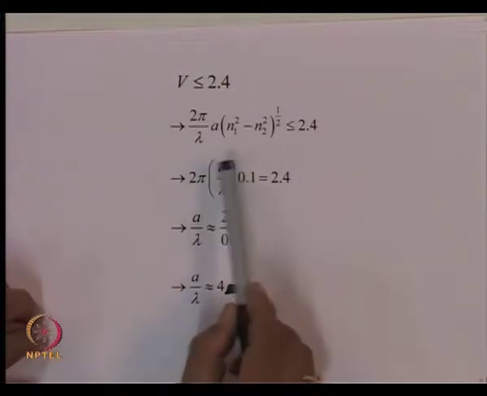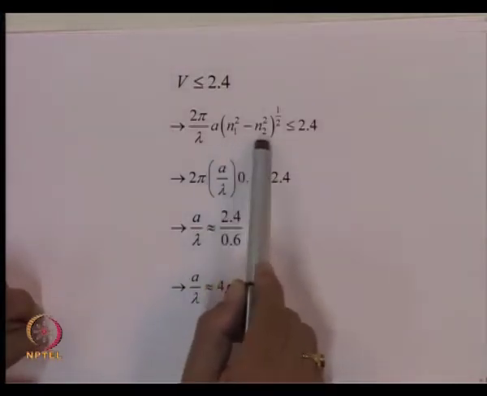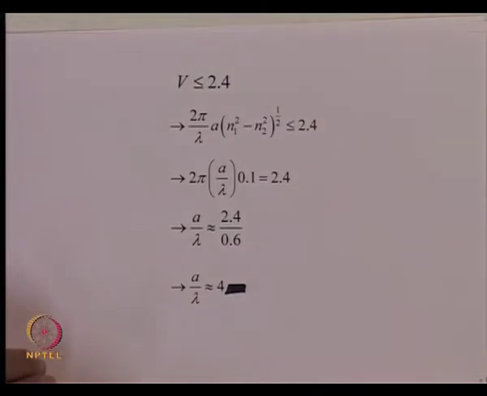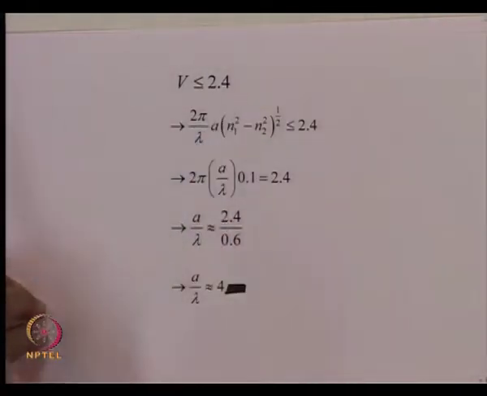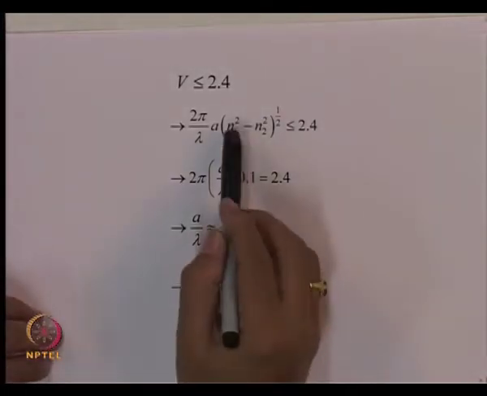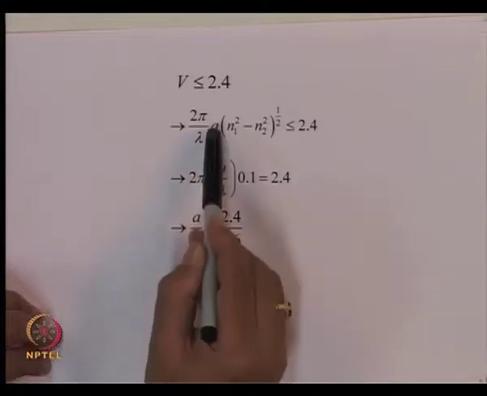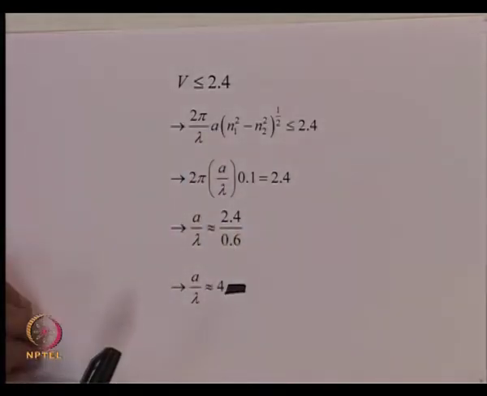So, one possibility is I make the difference between N1 and N2 very small. Then I can get A reasonably large. If I make this difference very large, then A will become very small. Since we do not want A to go below a few microns for light launching considerations, we want the difference between N1 and N2 to be very small.